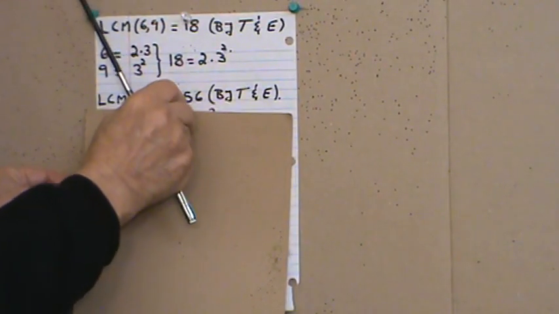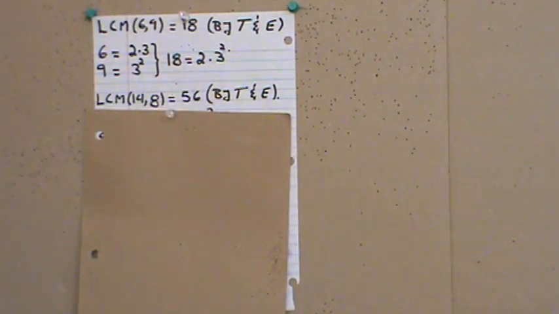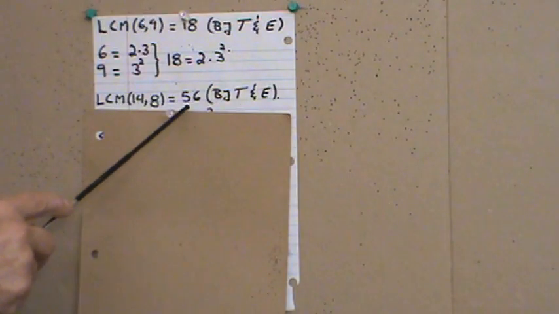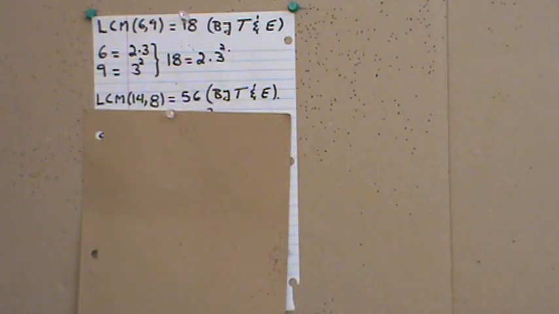Suppose they want me to find the least common multiple of 14 and 8. So by trial and error, I found out it is 56. Do you follow me so far? By trial and error, I found 56.